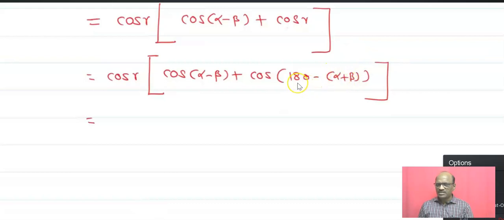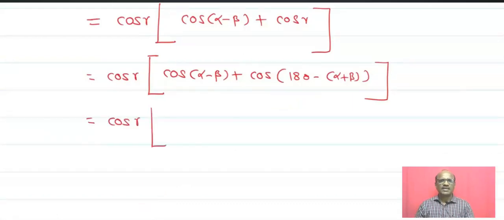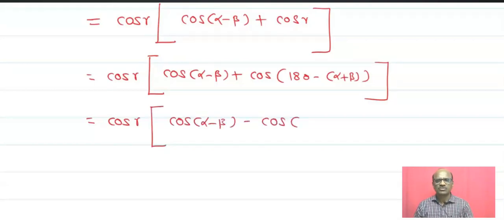That pi we have taken, that is 180. Again the cos of pi minus alpha plus beta goes in the second quadrant, and we have minus cos of alpha plus beta. So cos gamma, cos of alpha minus beta plus minus cos of alpha plus beta.